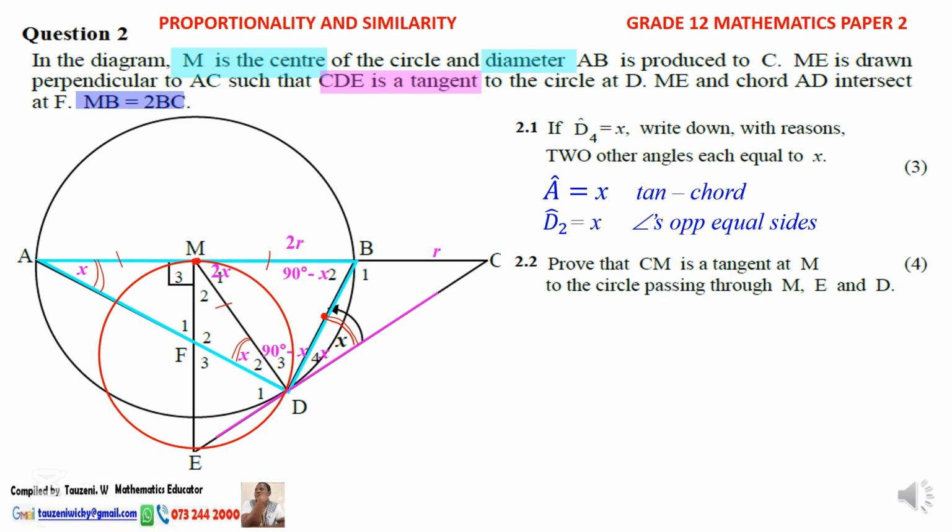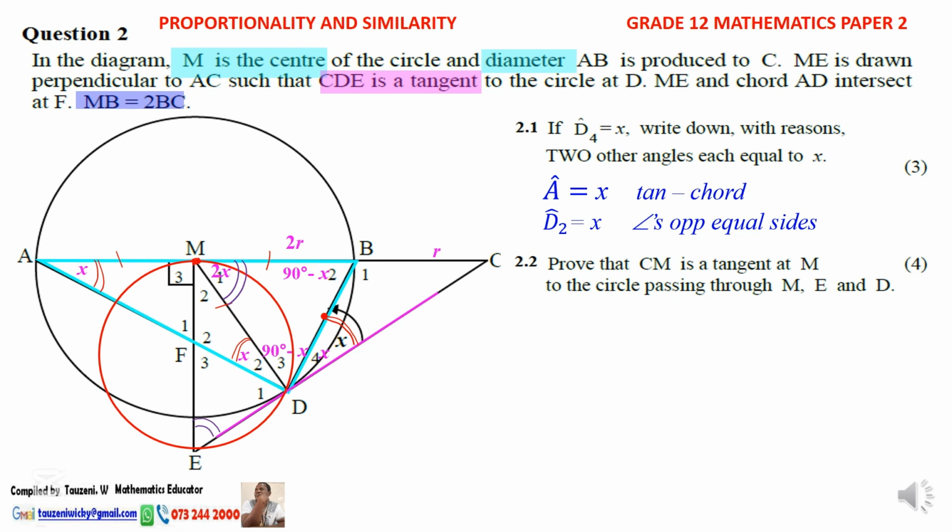If we have our circle passing through points M, E, D as indicated, then if you look at angle M1, we can notice that its position is between line CM, which is a tangent, and line MD, which is a chord. So therefore, it must equal the value of angle E. If we show that M1 is equal to angle E, then we can conclude that CM is a tangent using the tan chord theorem.